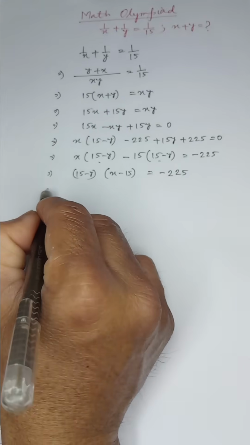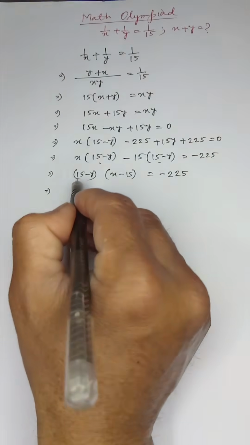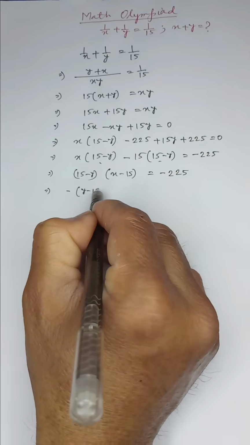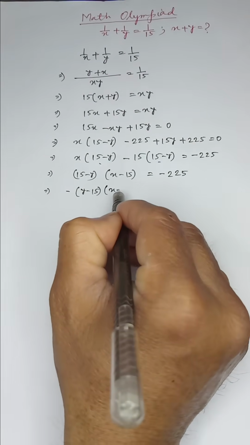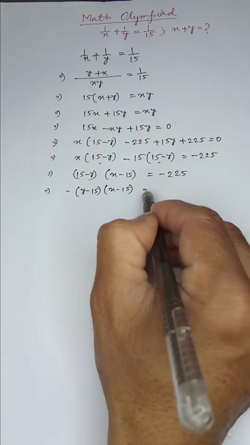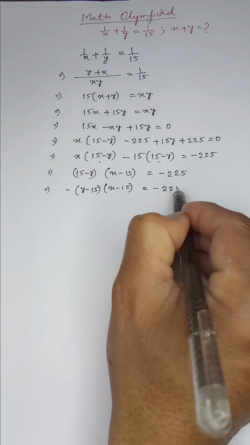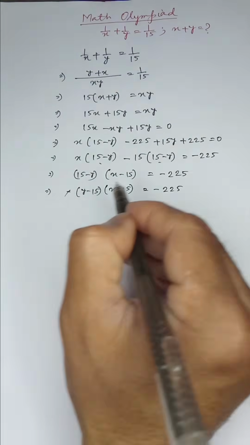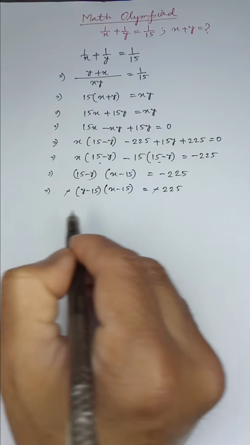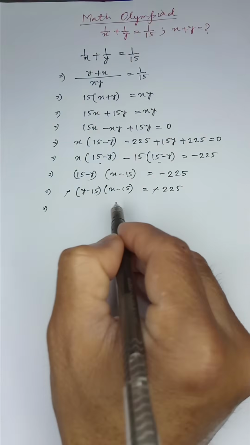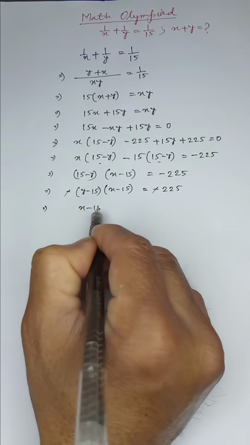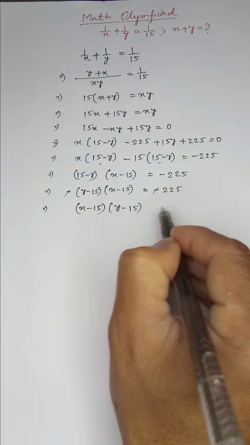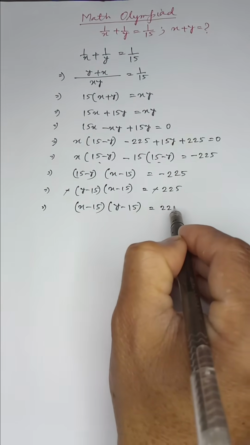If I take minus from this factor, then it turns to y minus 15 into x minus 15 equal to minus 225. We cancel minus from both sides, then we get x minus 15 into y minus 15 equal to 225.